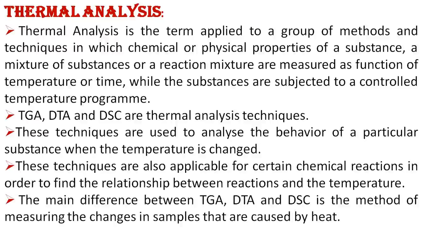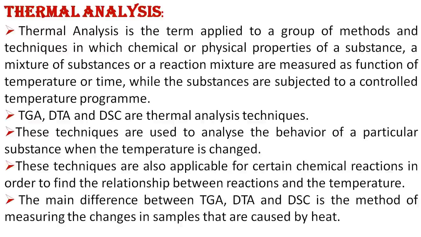Next one is thermal analysis, the term applied to a group of methods and techniques in which chemical or physical properties of a substance, a mixture of substances or a reaction mixture are measured as a function of temperature or time, while the substance is subjected to a controlled temperature program. TGA, DTA, DSC are thermal analysis techniques.